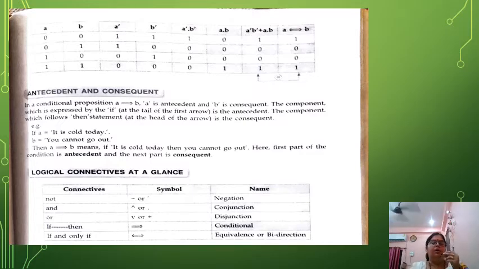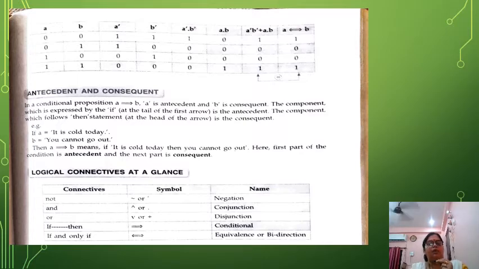Okay, now antecedent and consequent. In this we can say that A is antecedent and B is consequent, because the component expressed by A, the if part, at the tail of the arrow, is known as antecedent, and the component which follows then, the head of the statement, is the consequent.